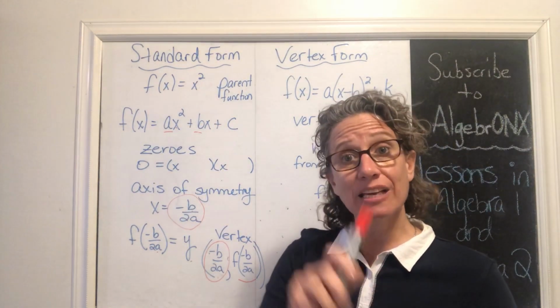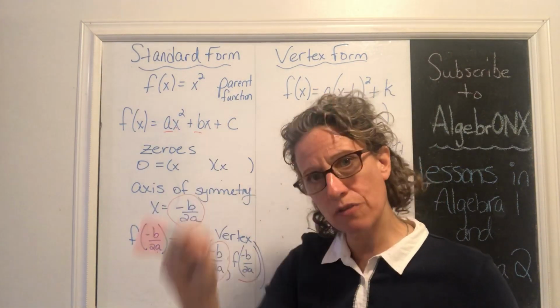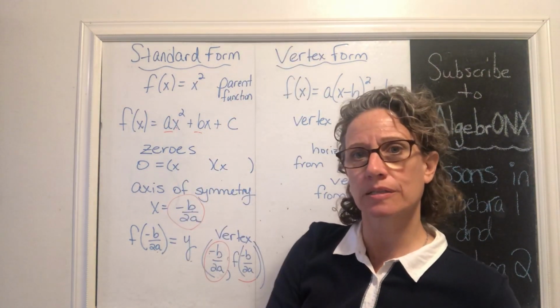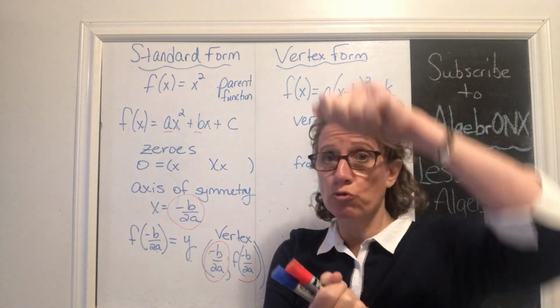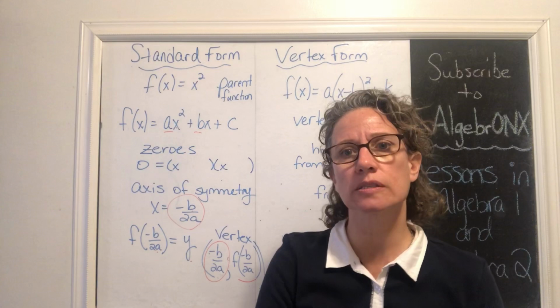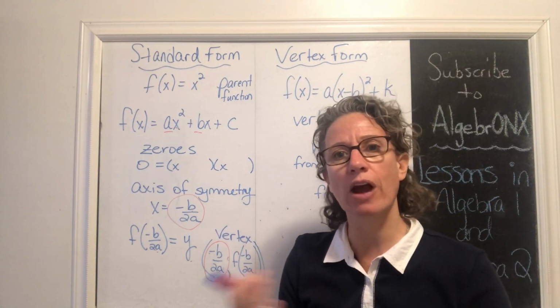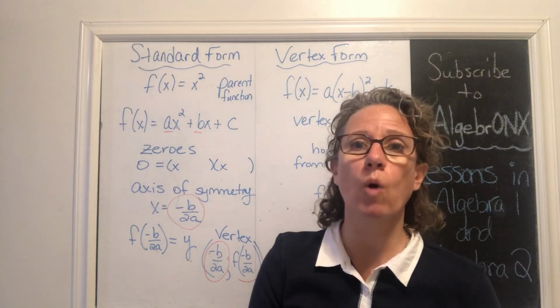If a is negative, you have a concave down parabola, a frown, with a maximum vertex. If a is bigger than 1, it's stretched like a rubber band, by whatever that factor is. And if a is between 0 and 1, a fractional a, it's compressed, so it opens wider.